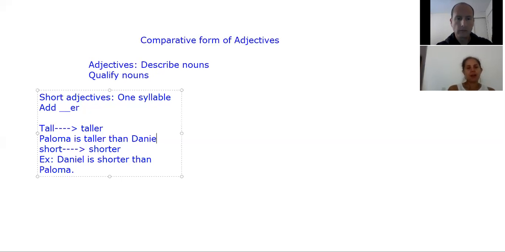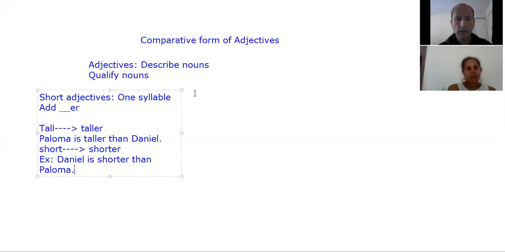Okay, we got it. Paloma is taller than Daniel, or Daniel is shorter than Paloma. Perfect, pretty good.